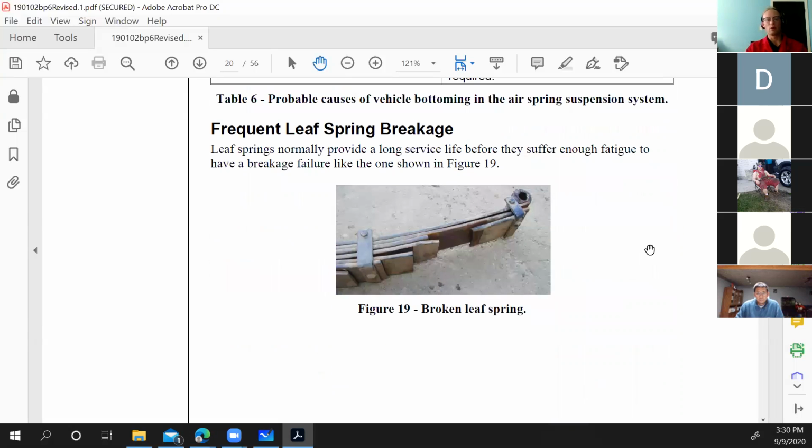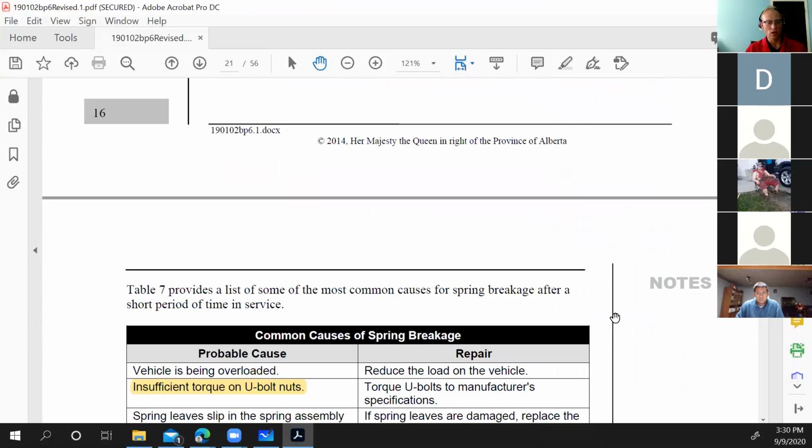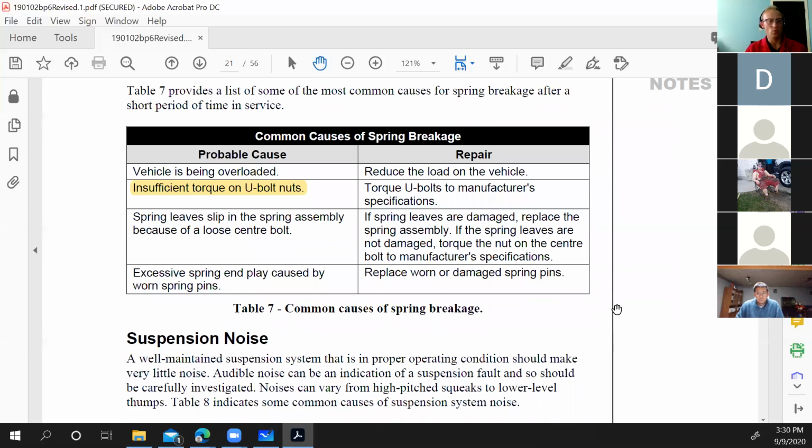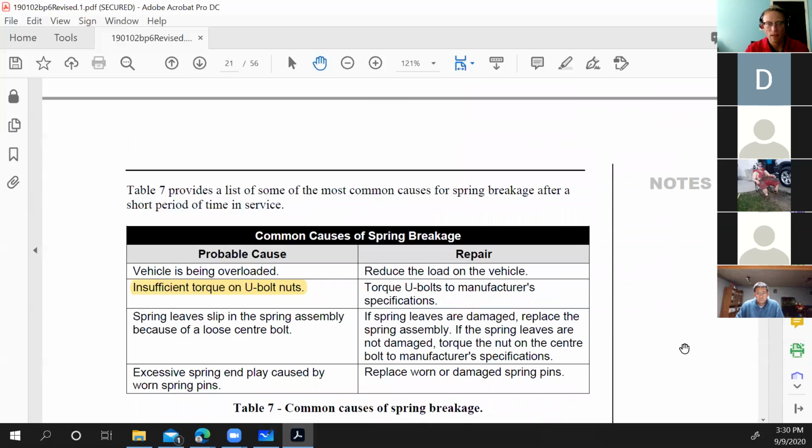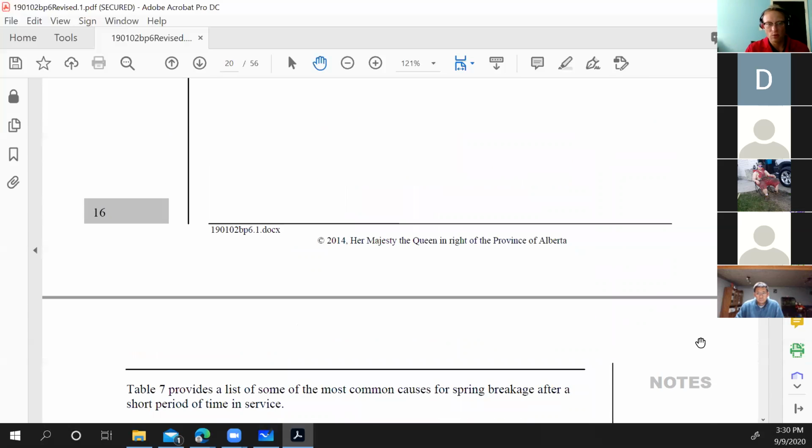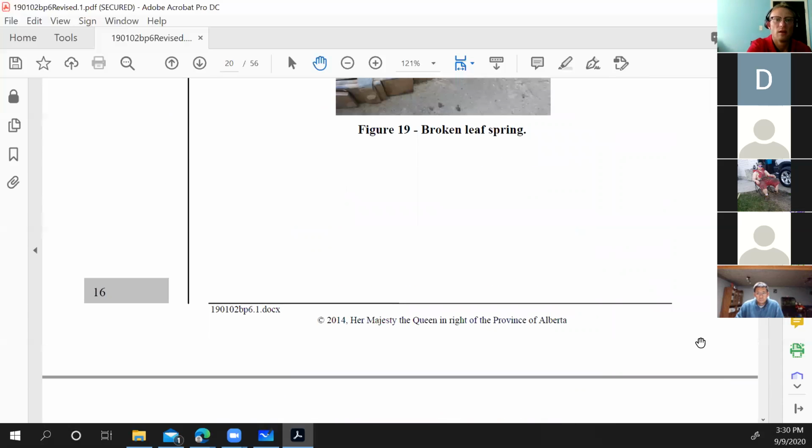Frequent breakage. So our leaf springs are breaking quite constantly. What would do this? Well, the one thing that I've seen the most is U-bolts. Loose U-bolts will break the spring very, very quickly, okay? When we look at a leaf spring, we often think, so we have a leaf spring just like that. We can have our axle on the top or on the bottom.